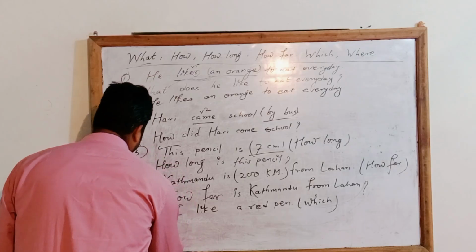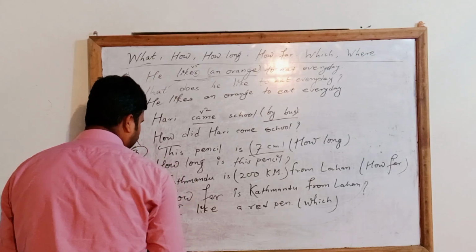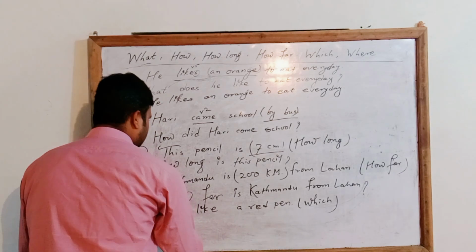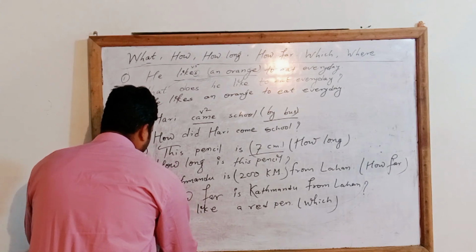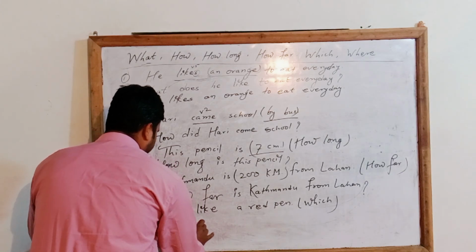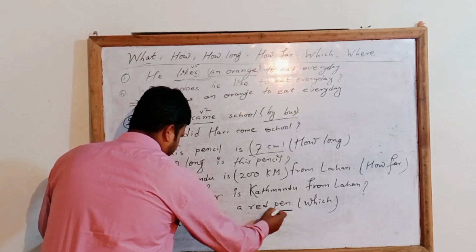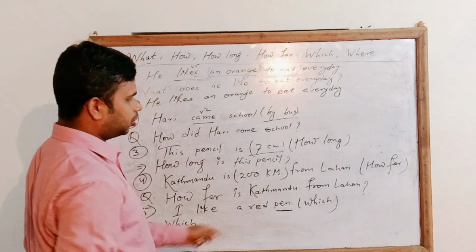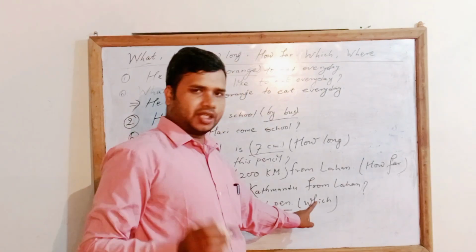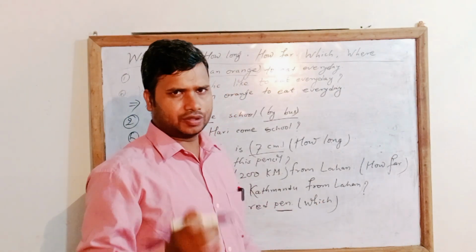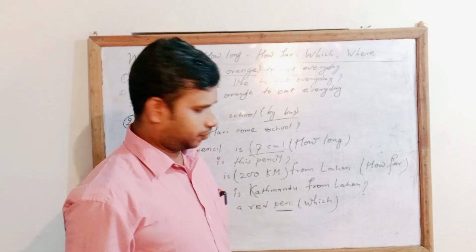So look here. At first, which, after that object. Okay, understood? Which questions include thing and chosen thing. Okay, and select the thing and select the vastu.